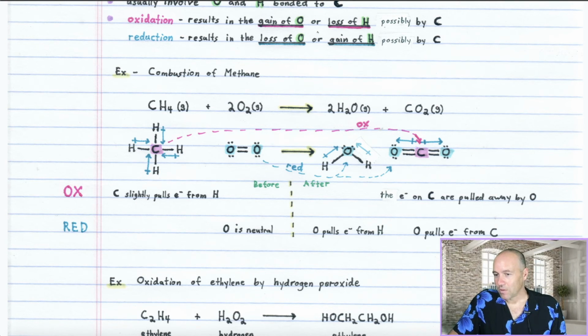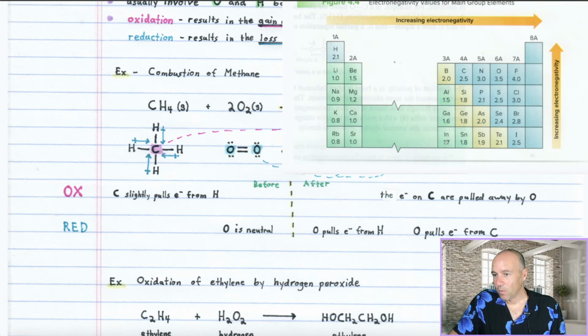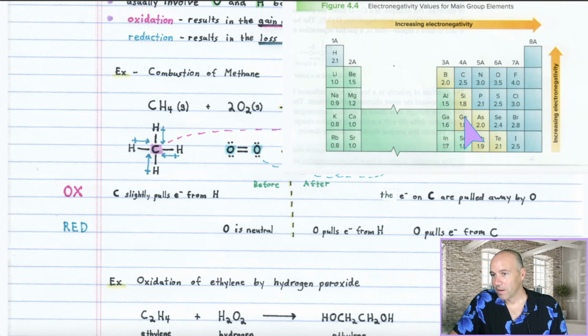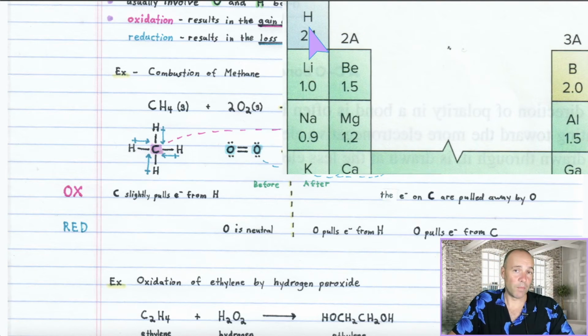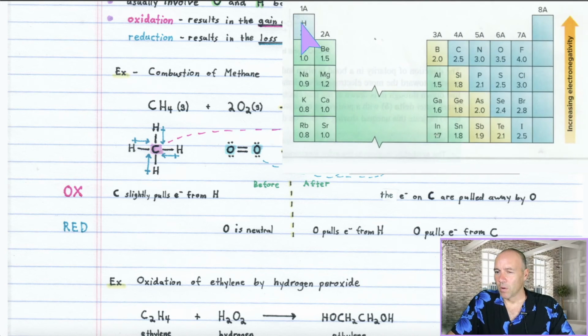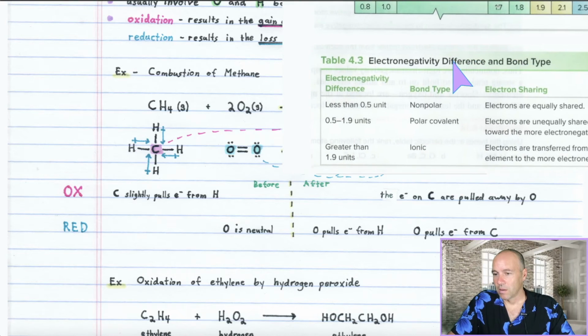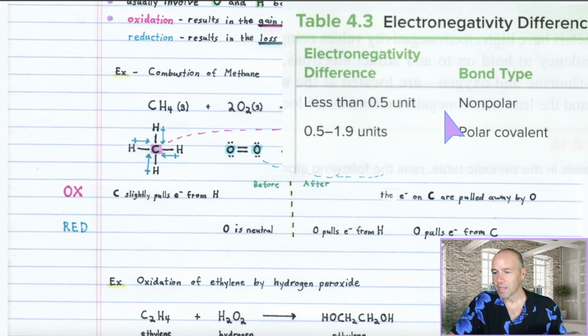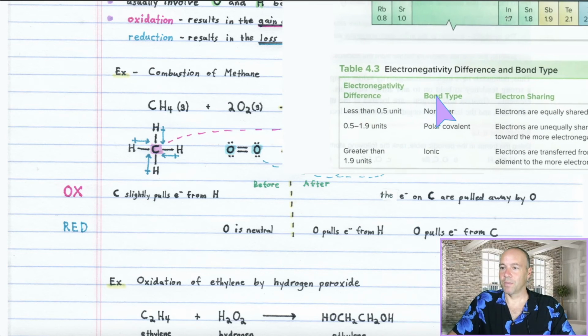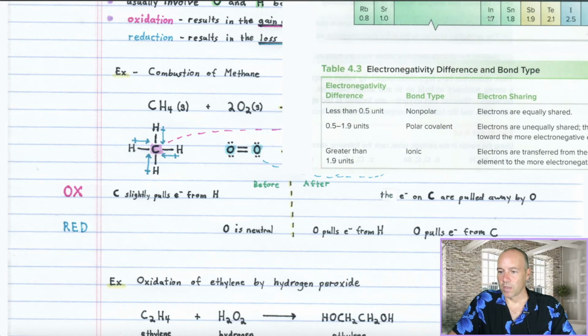If you go back to table 4.4, you'll see that carbon's electronegativity is 2.5 and hydrogen's is 2.1. Now the difference is only 0.4 between them, and technically that's classified as a nonpolar bond, but it's at the higher end of the nonpolar bond range. It's almost polar.